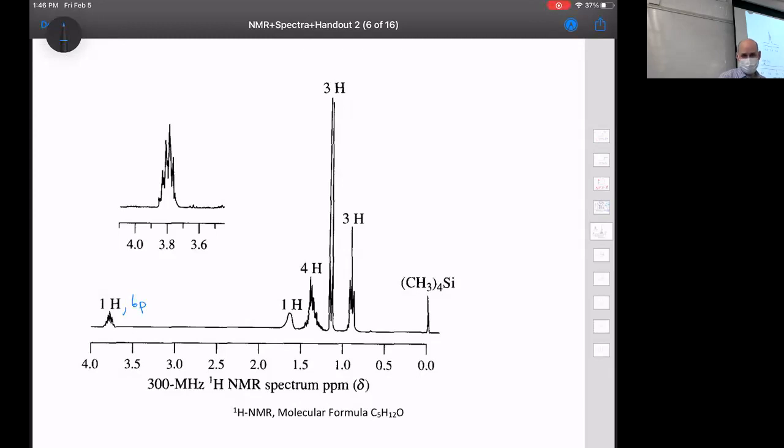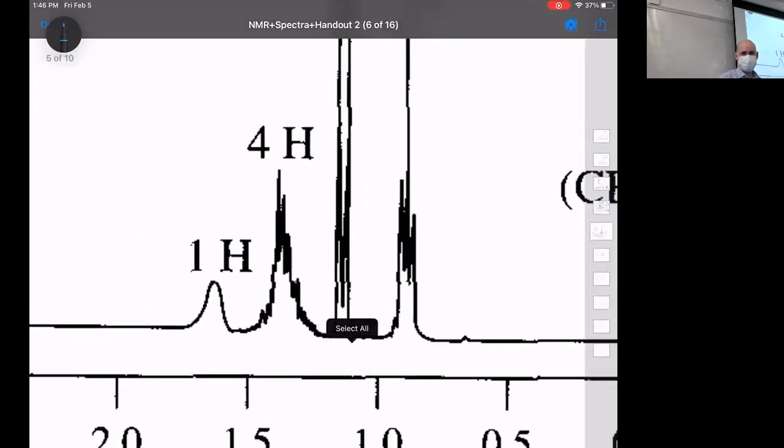Okay, here's our biggest problem. This peak here that's 4 H's, no matter how well you zoom in, this is an indecipherable mess. The reason for that is that unfortunately, there are 2 environments stuck on top of each other. So this is some signal stuck on top of another signal, and you cannot do anything to tease those apart.